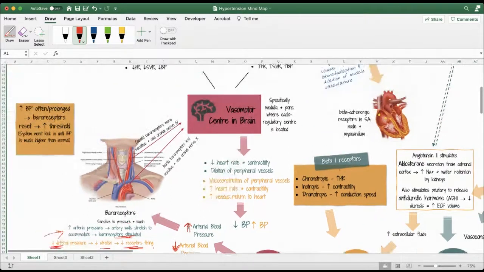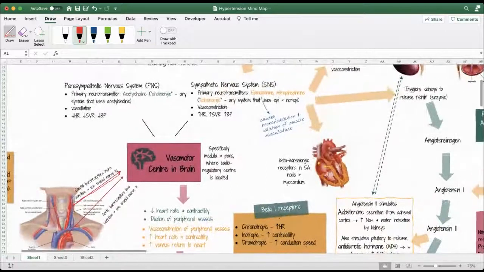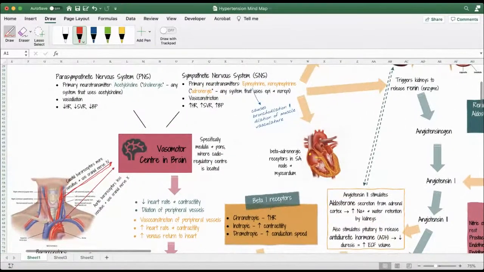And so these baroreceptors, again, remember they're here and here. They're going to fire off their message to the vasomotor center in the brain. This got a little bit confusing because of where the vasomotor center is located and what it does. You have to recognize that it actually is a part of the sympathetic nervous system.